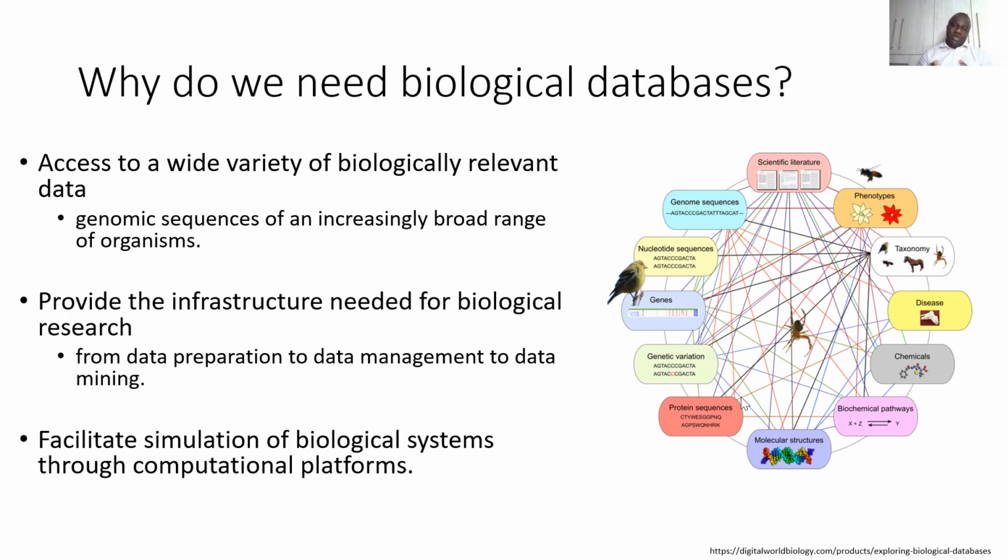For example, if you look at this figure, you have this network built like a spider web, in which case we're saying that the genome sequence is connected to the taxonomy of that organism, phylogeny, the biochemical, the disease that is observed, or a particular phenotype in that organism.